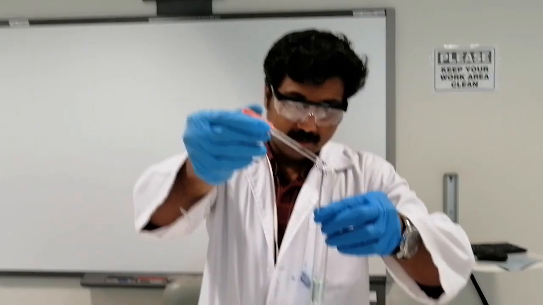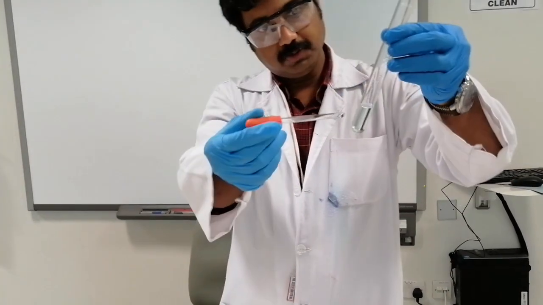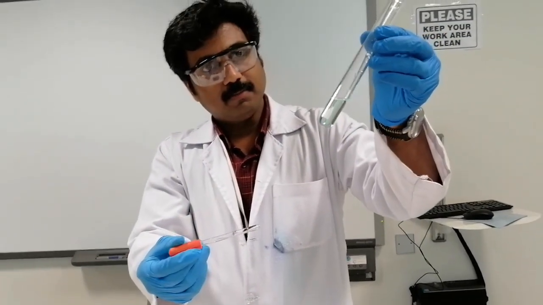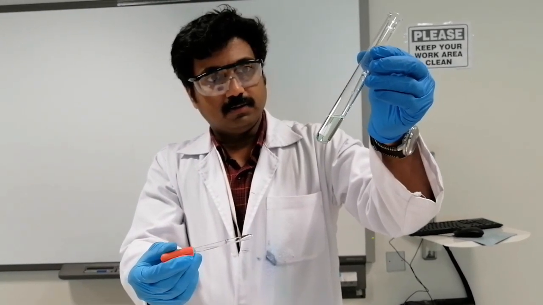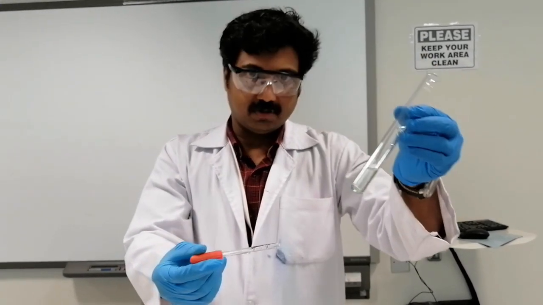So after you add HCl drop by drop, the solution turns to pale green again. That means you are changing the equilibrium from right to left as per the equation.